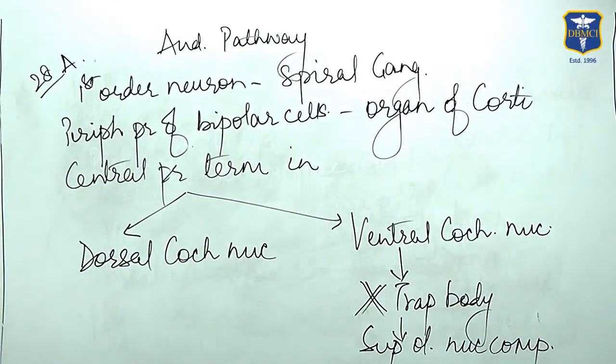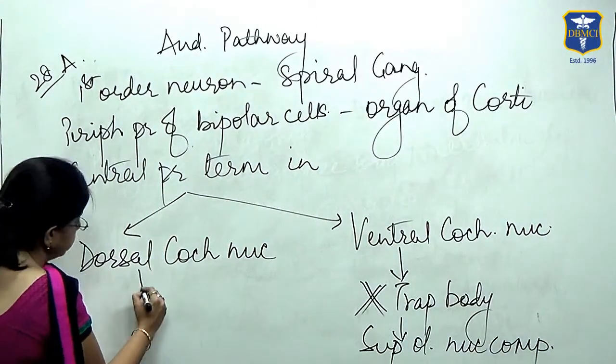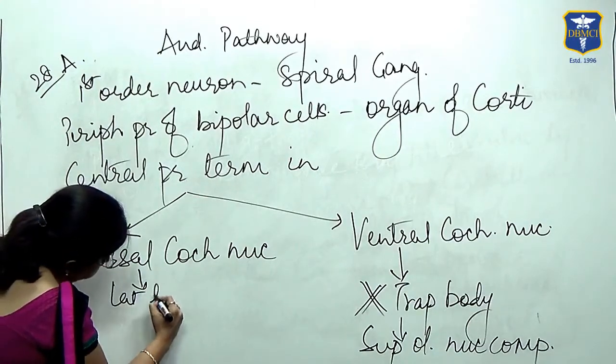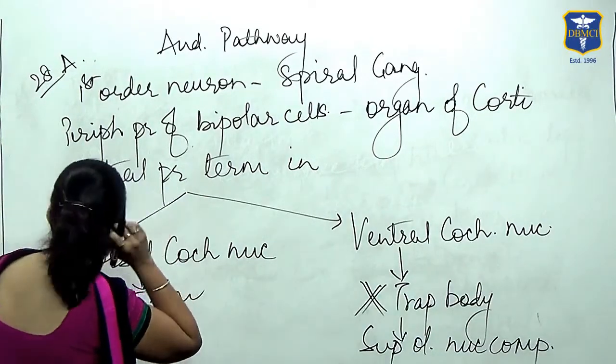From the dorsal cochlear nucleus, they will form the lateral lemniscus.